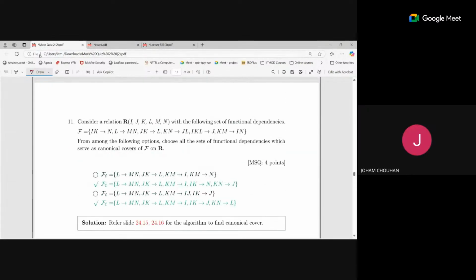So here is the concept of canonical cover, but for that you can simply check for equivalence, whether F and FC must be both equivalent. So F covers G, G covers F. That thing you can check here, right? But here you can see we can find out some extraneous attribute as well.